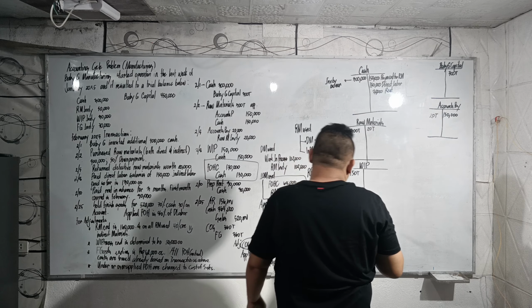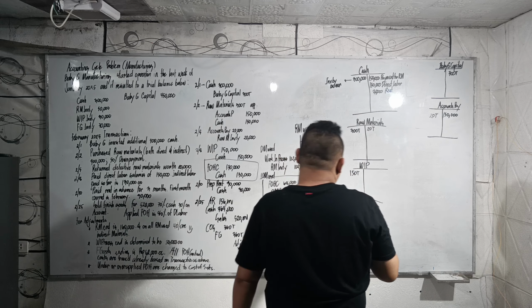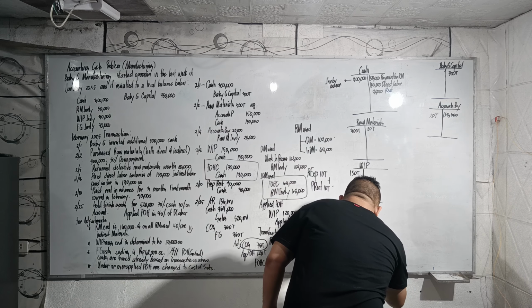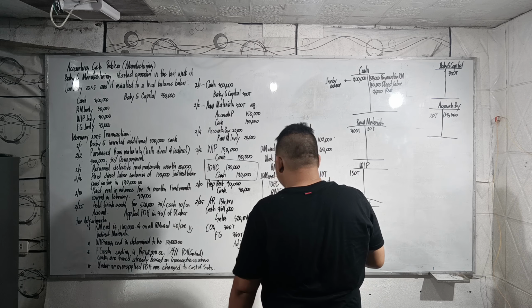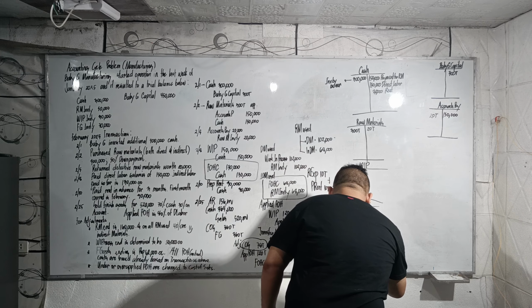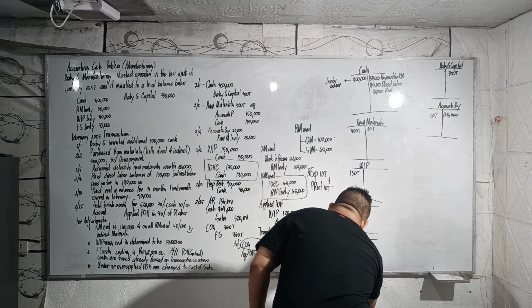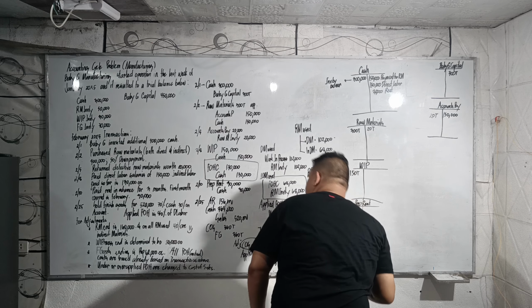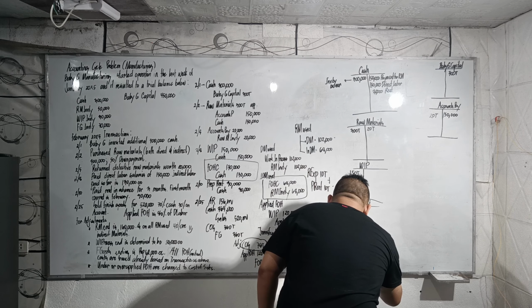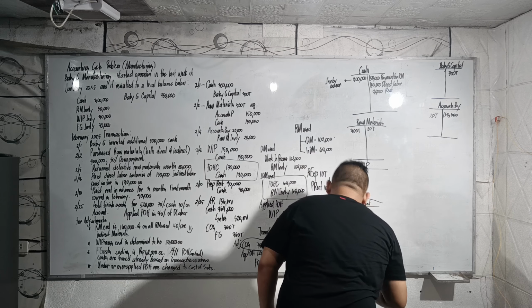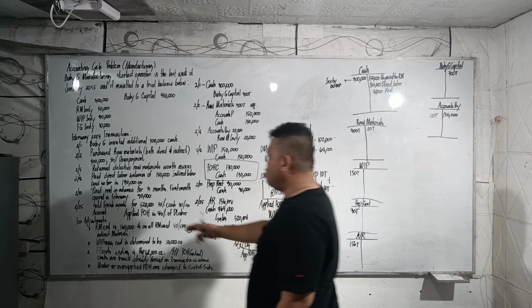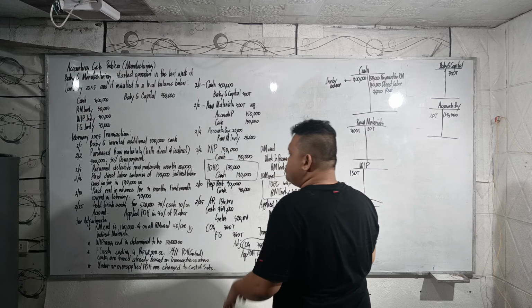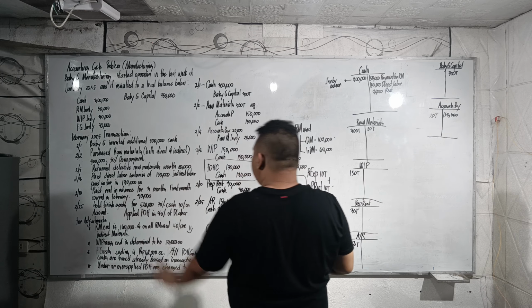For 2/25, we have accounts receivable. Your accounts receivable is 156,000. But still remember that this has been changed because we have changed the sales price from 420,000 to 520,000.